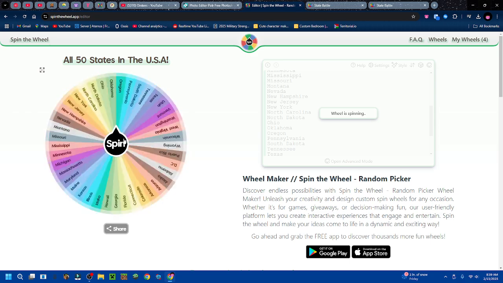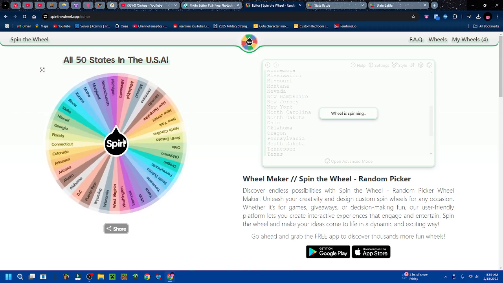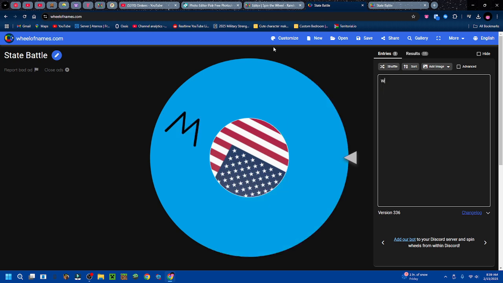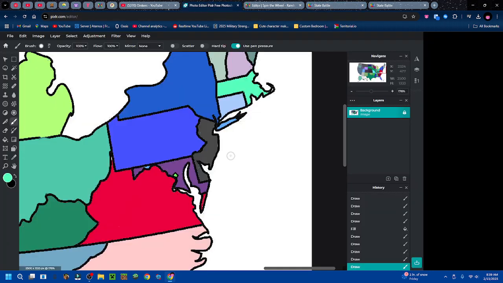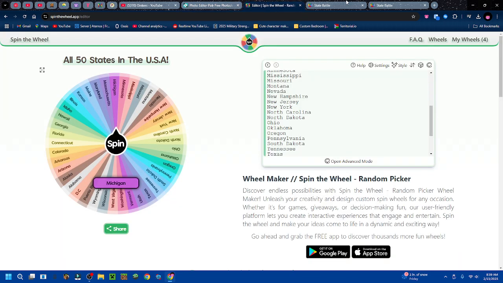Next up is Michigan. Michigan. I know they border Wisconsin, and they border Indiana got taken out, right? Oh no, they didn't. They didn't get taken out, right? Oh yeah, they did. So it's just Ohio.